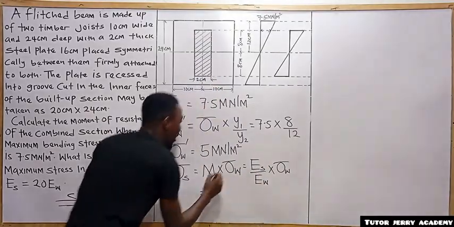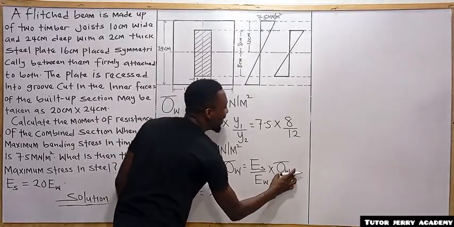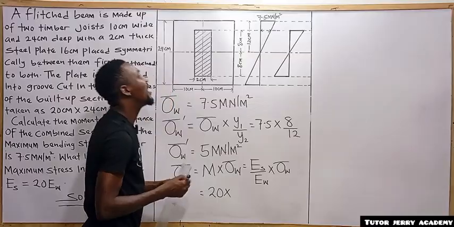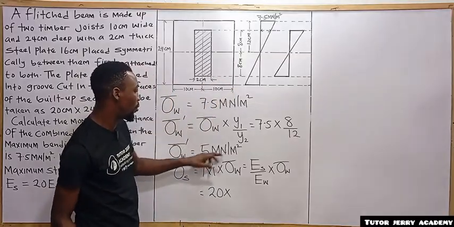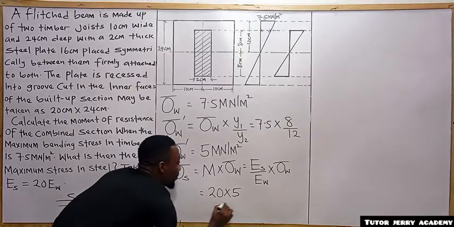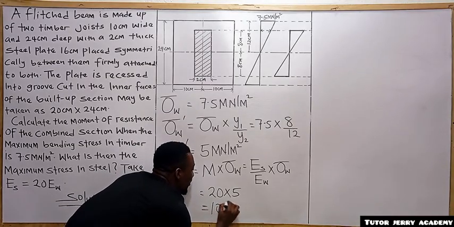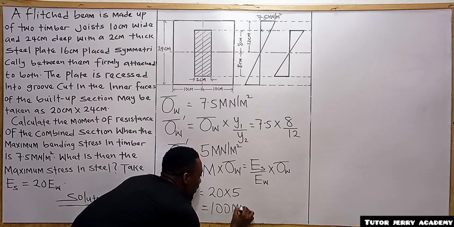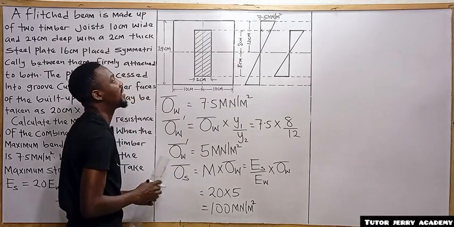So here we are going to have 20 multiplied by the stress in the wood at 8 centimeter from the neutral axis. It's nothing but 5. So here we are going to have 5. So our answer here is going to be 100 meganewton per meter squared. I hope we understand this.